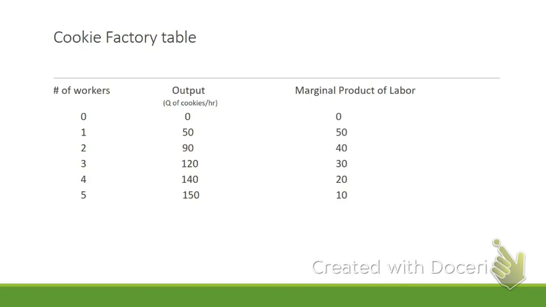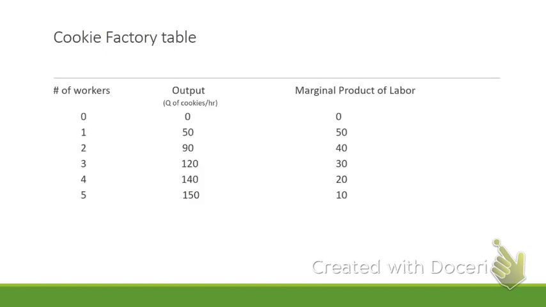Okay, so if we graph this data, it'll be a challenge to fit it in on this PowerPoint, but I'm going to try to graph it. If we graph this data, we're graphing a production function.